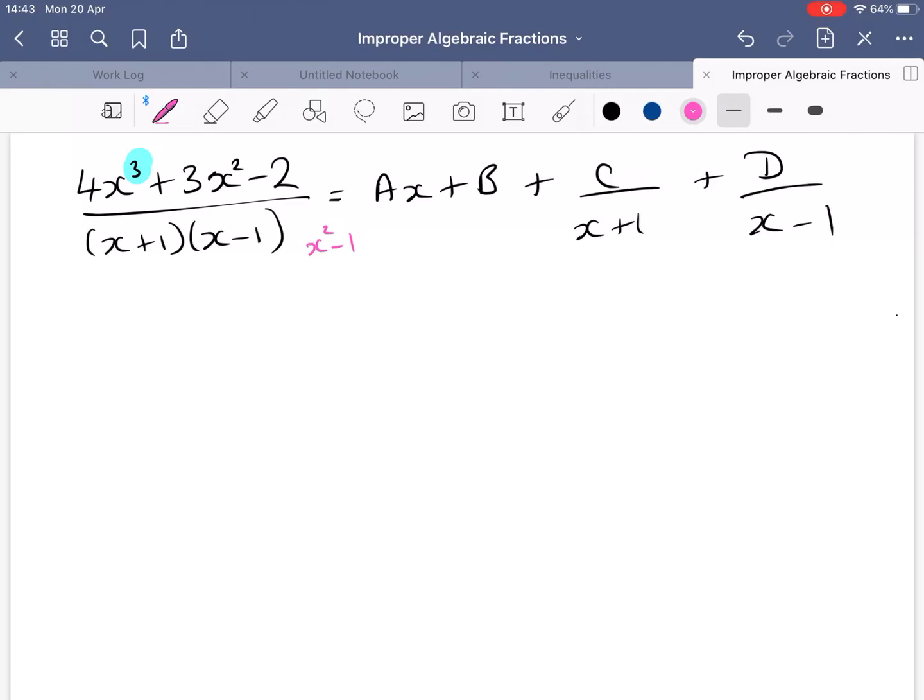Now this is where it gets a bit funny sometimes, because this is what I want to do, x squared minus 1. And I notice in both cases I've got no x's in there.